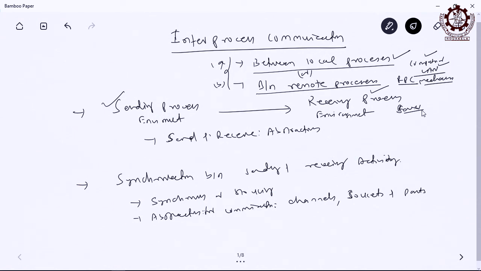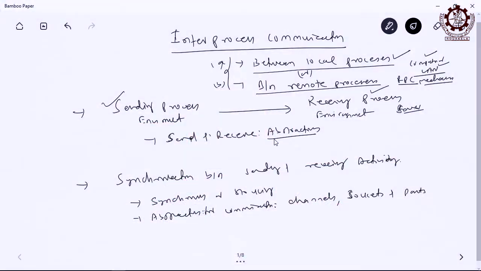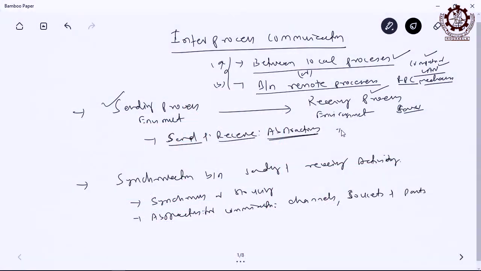Okay. So, to carry out this sending process and receiving process, we use a number of abstractions. What are the abstractions? Send and receive. Send and receive are the abstractions, and these abstractions are implemented in various forms. Like we can implement them at the language level, or at the libraries level, or at different package level, right.